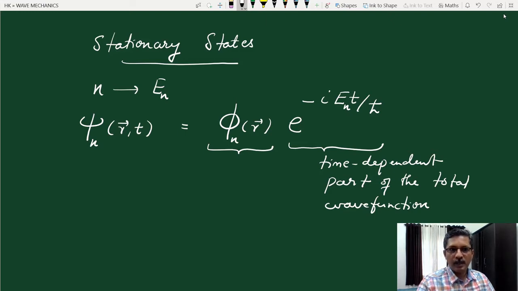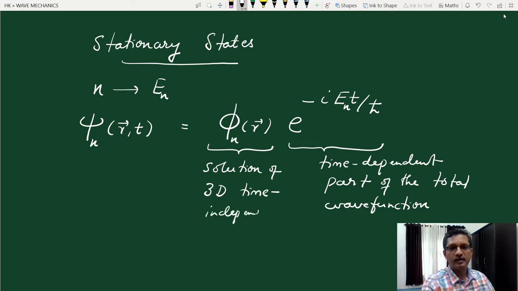Let us come back to the case of hydrogen atom. What about this position dependent part? This will be the solution of the time independent Schrodinger equation. In the case of hydrogen atom it's a three-dimensional time independent Schrodinger equation.